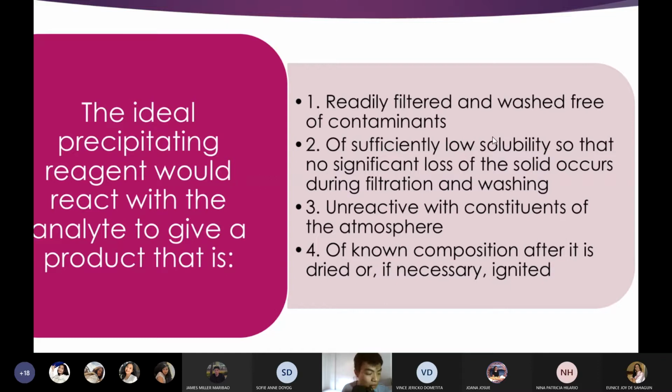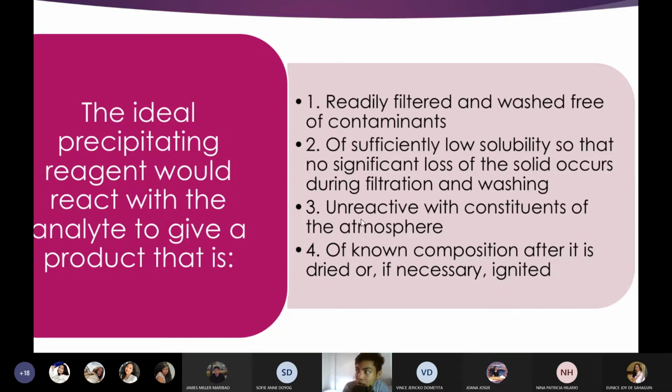Why? Because if your precipitate's solubility is high, it will become ions again, and you don't like that, no? Because the purpose of the precipitation reaction is for them to become solid, not to return to ions. Okay? This will be discussed in depth when we get to chapter 4, in the equilibrium calculations.